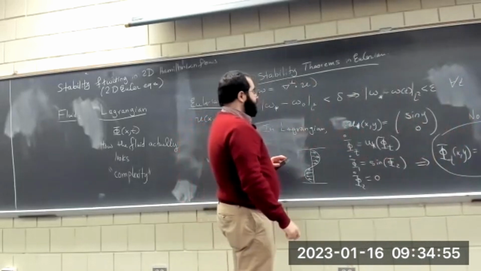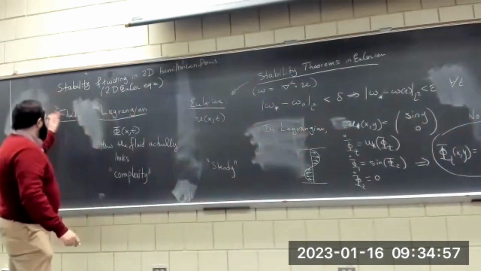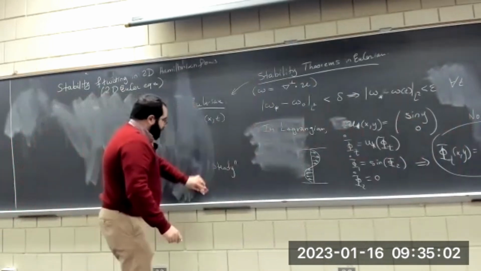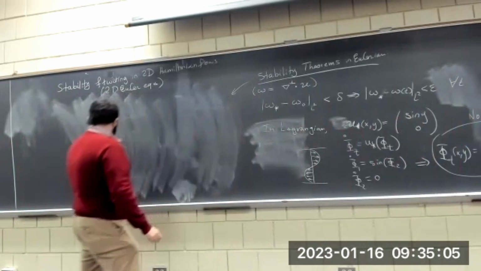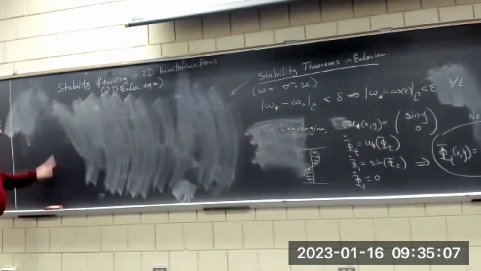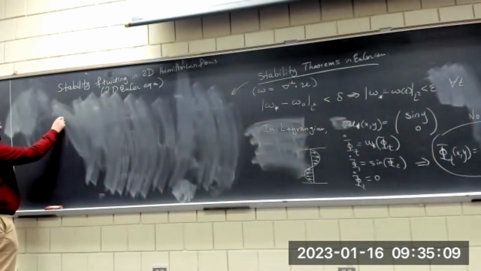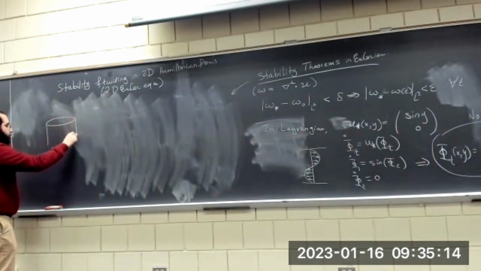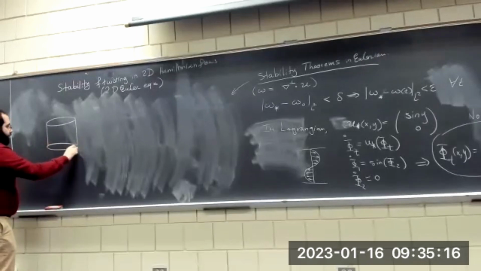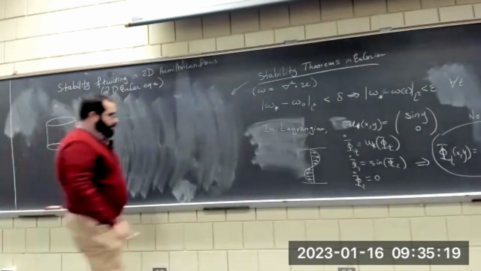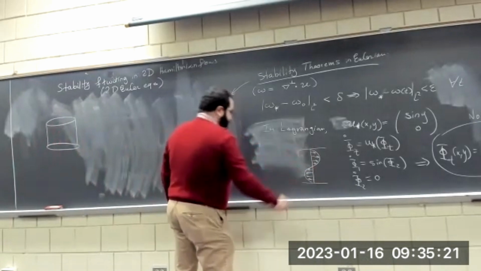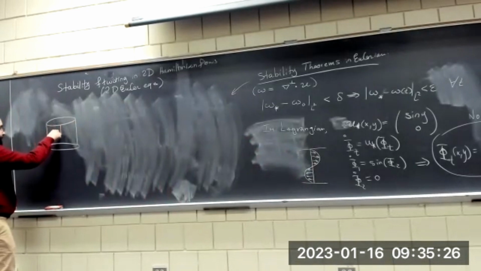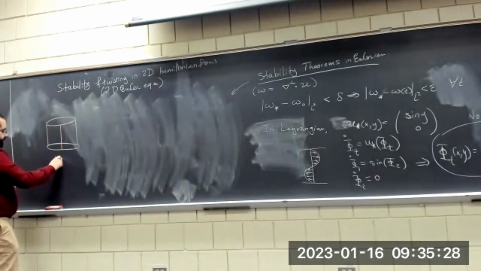I don't have much board space, so let me come over here. This should give you a picture of what I mean by complexity. Consider this initial line I drew here, and its evolution under the flow map. This is how it is at time equals 0.